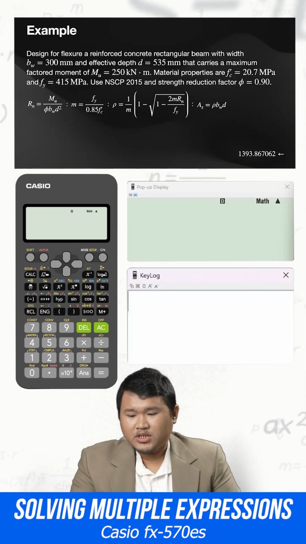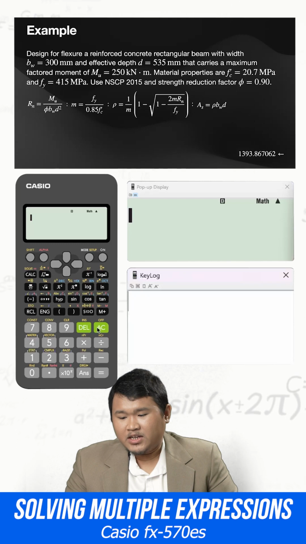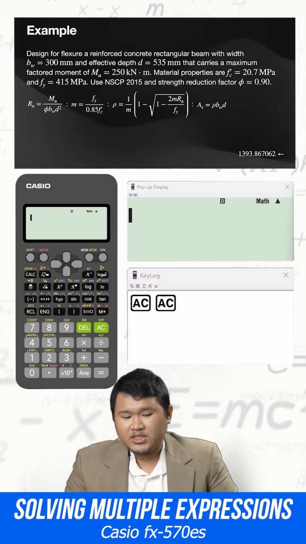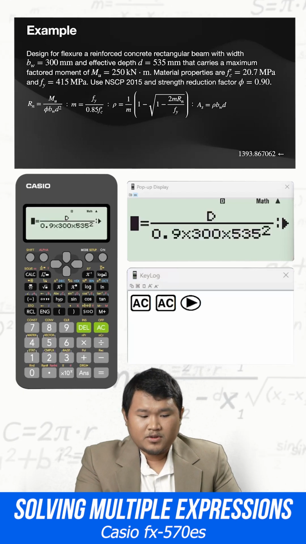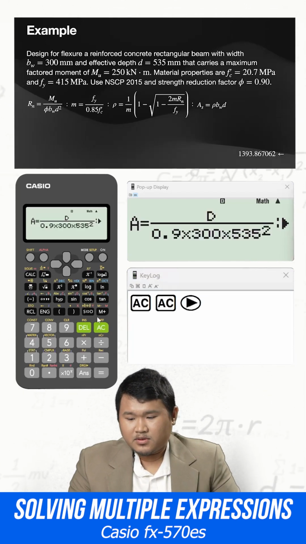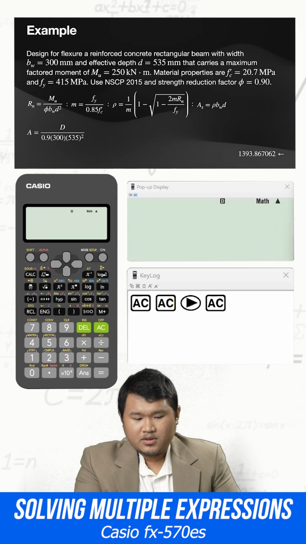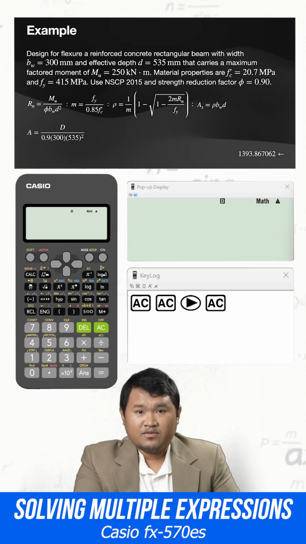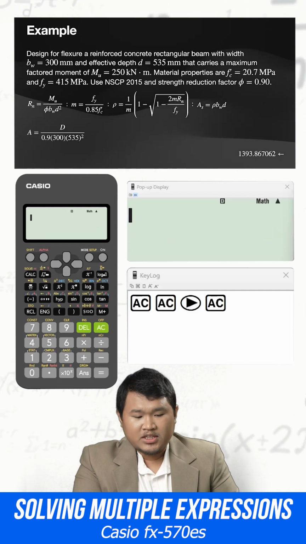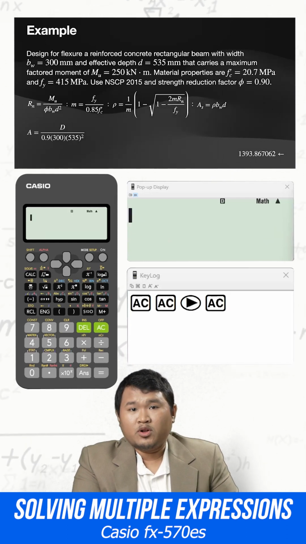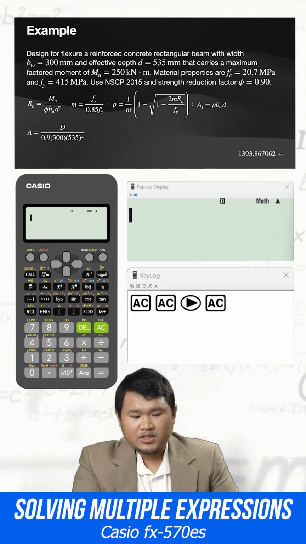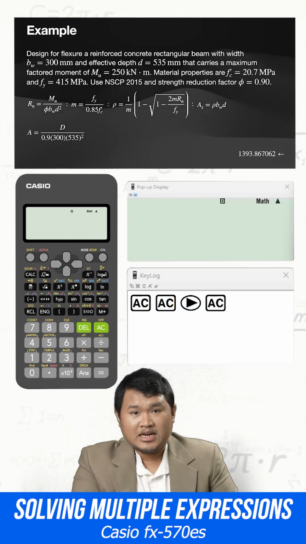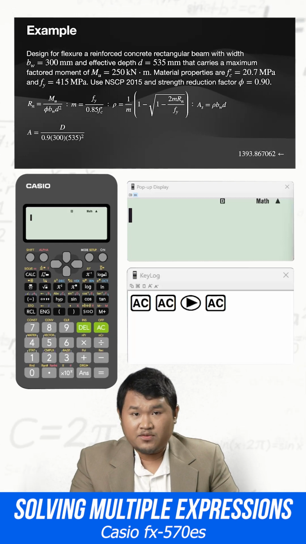Now first, let's run our calculator. Let's first input this first expression. So we have A as the variable for Rn, and then D as the variable for Mu, and for the other variables φ, b, d squared, we will input them exactly as they are given.